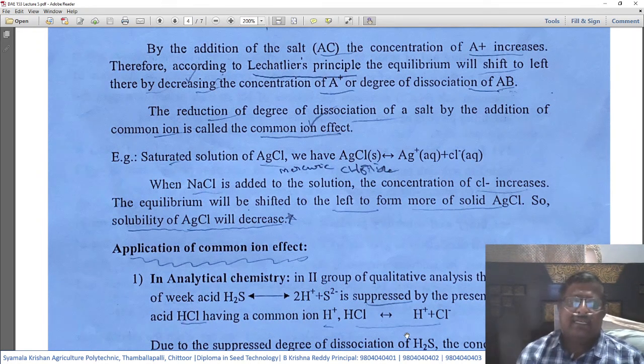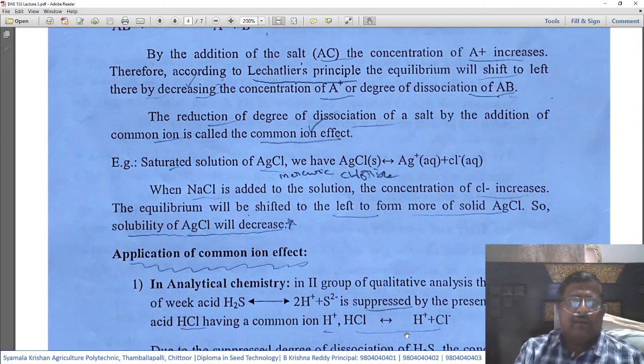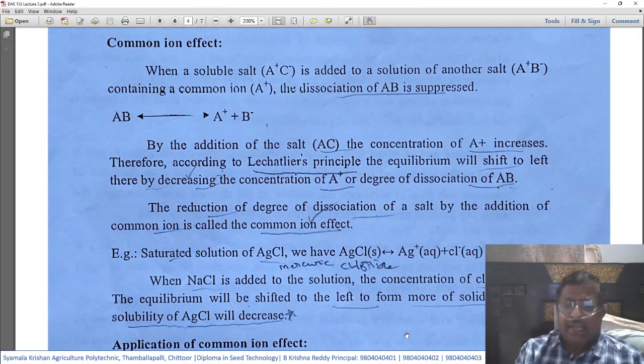So its concentration will increase. When its concentration increases, the reaction will shift towards the left, which results in the formation of more AgCl. So solubility of AgCl will decrease naturally. Solubility or the dissociation or the ionization of AgCl will reduce. This is called common ion effect.